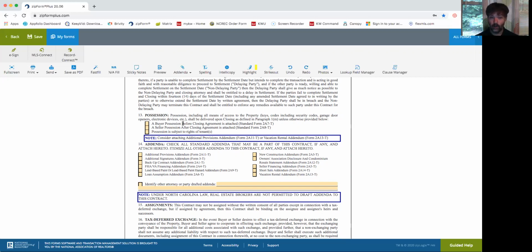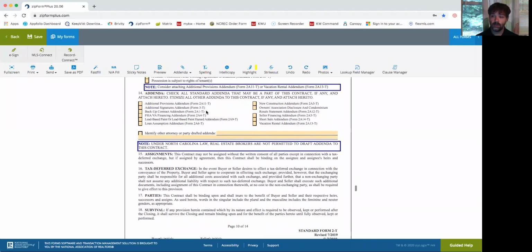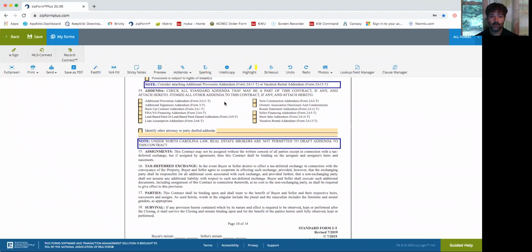And now you are in possession or ownership of a property that has something that you didn't know about. So those are just scary. Steer away from them if you can. And also, if you have a tenant involved, you may want to consider doing the tenant agreement or additional provisions dealing with the vacation rental and how that's going to be handled, because those do have to be honored for a period of time, even in purchasing a vacation rental.